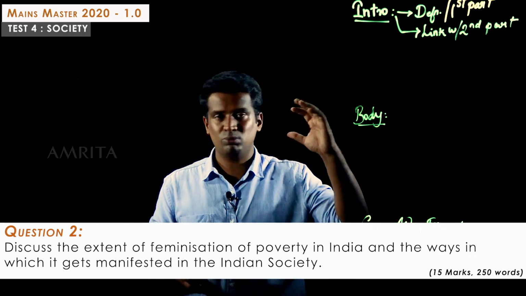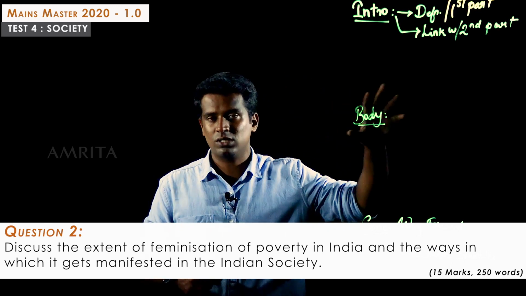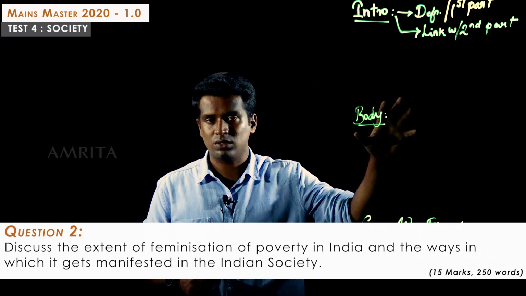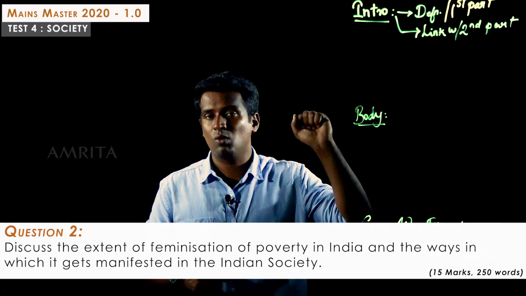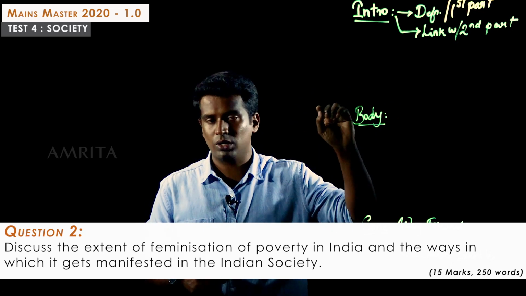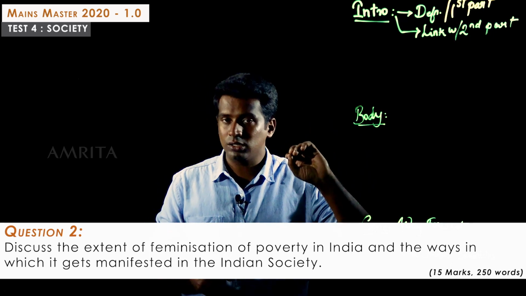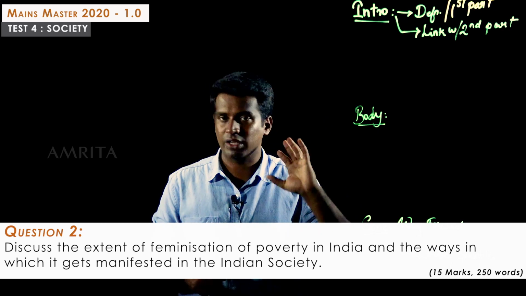So I'll reiterate the basic structure: introduction, definition of feminization of poverty, link it to the second part, how it gets manifested in Indian society. In the body, say what feminization of poverty is and the different spheres in which it is visible. You can cover multiple dimensions and substantiate them with examples, facts and figures.